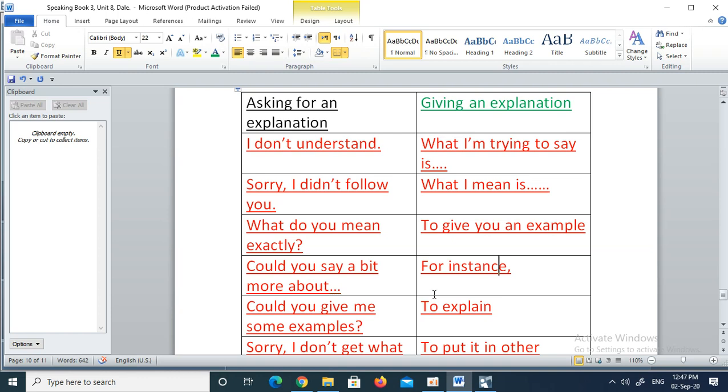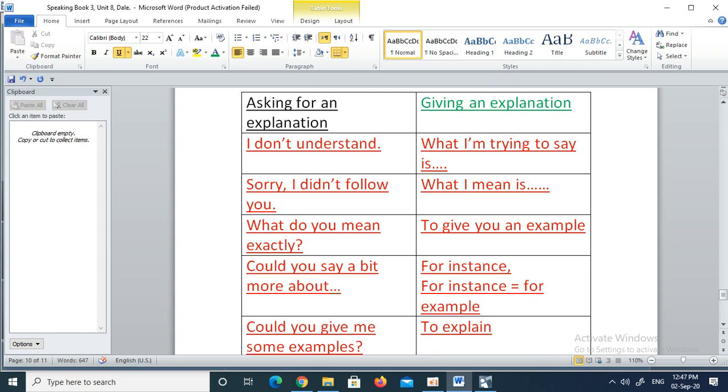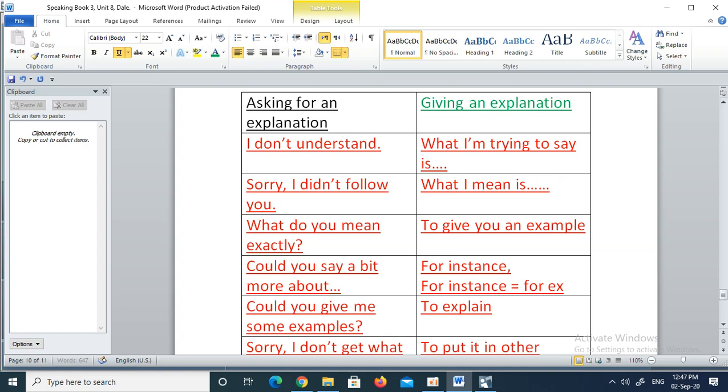And if you don't know what for instance means, for instance means the same as for example. It means exactly the same.